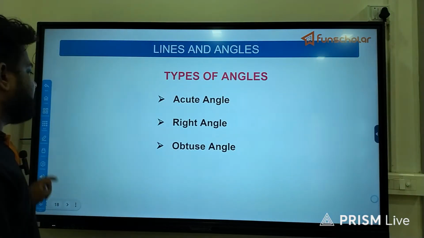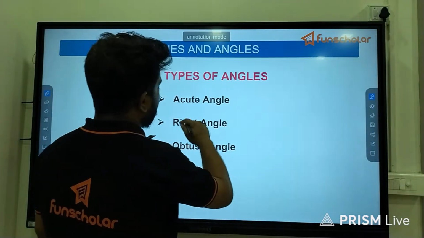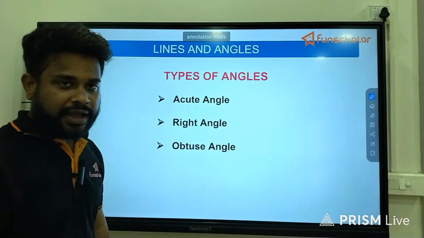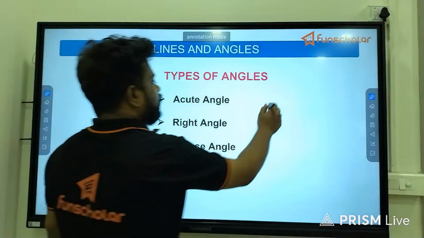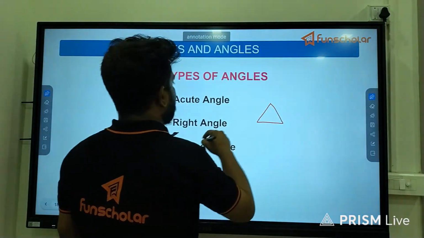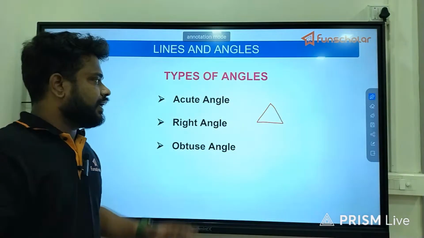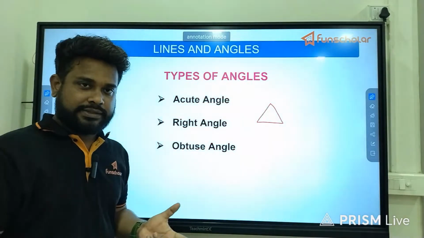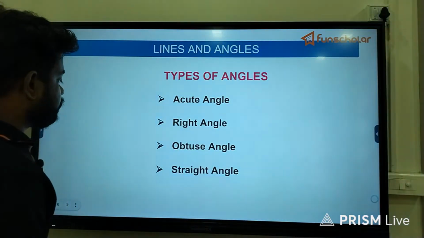People generally make the mistake of saying acute angle triangle, right angle triangle and obtuse angle triangle. A triangle is a different thing and an angle is a different thing. So don't make a mistake there.